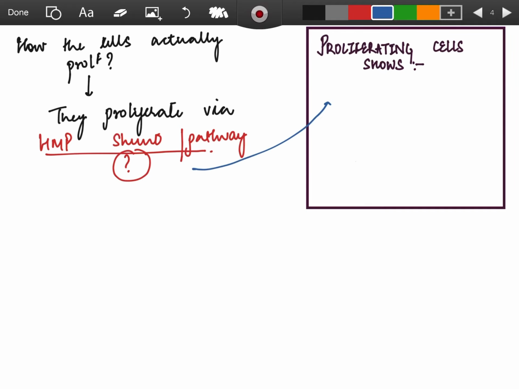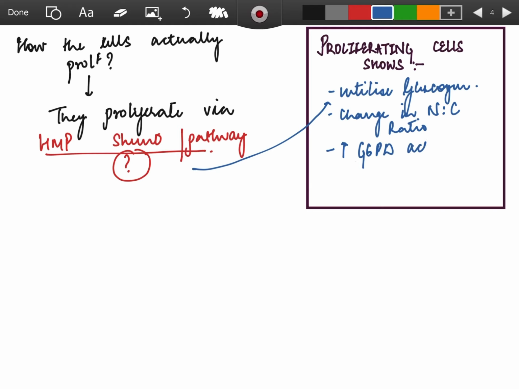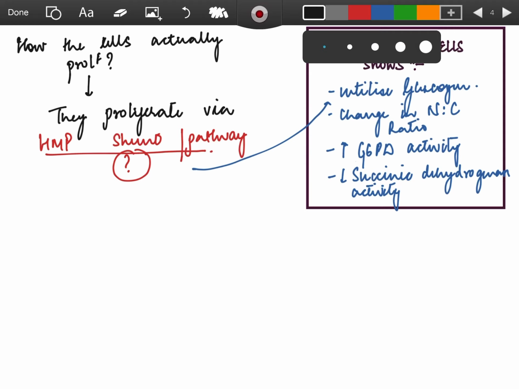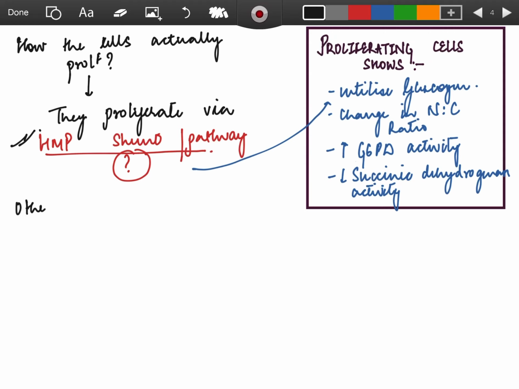Because proliferating cells show a change in the nucleocytoplasmic ratio and utilize glycogen. There is an increase in G6PD activity, that is glucose-6-phosphate dehydrogenase enzyme activity, and a decrease in succinate dehydrogenase enzyme activity. So now we know that they proliferate via the HMP shunt.